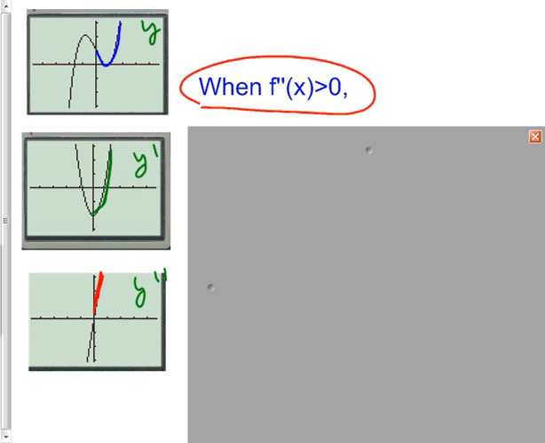Or sorry, here's the function. So what we're doing is we're looking at when the first derivative is greater than 0, so we draw that in red. And when that's happening, we're looking, in this particular case, when x is greater than 0. So we looked up at the first derivative and noticed, well, the first derivative was looking like that, and the actual function is looking like it does in the blue.